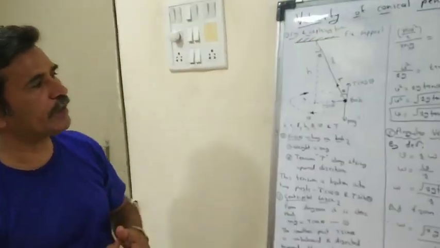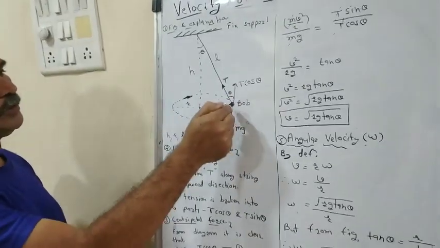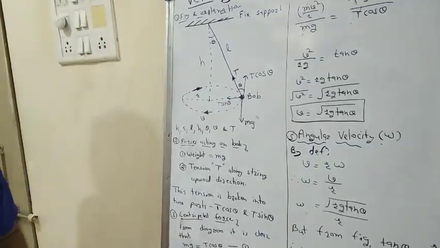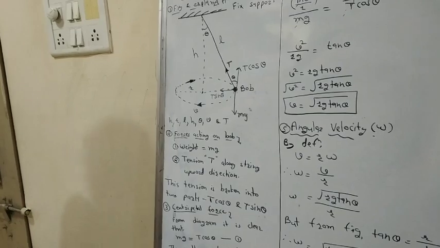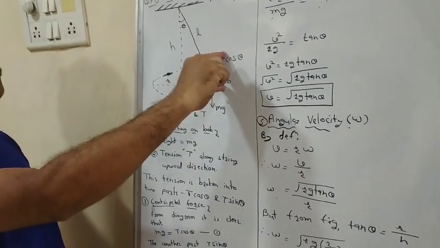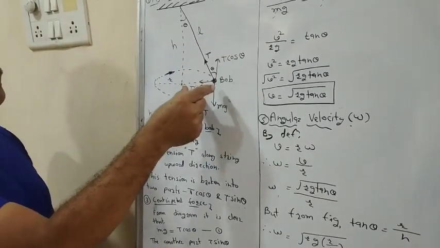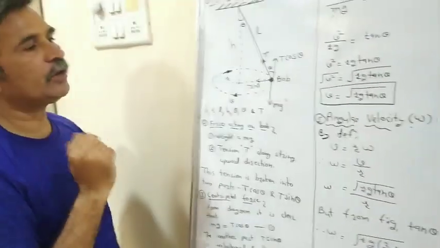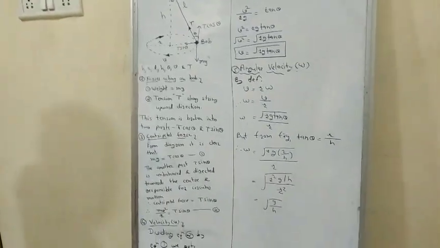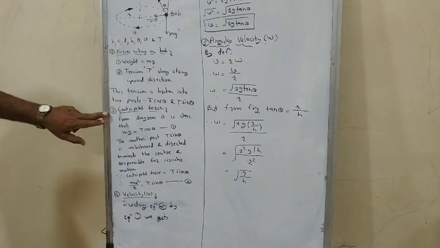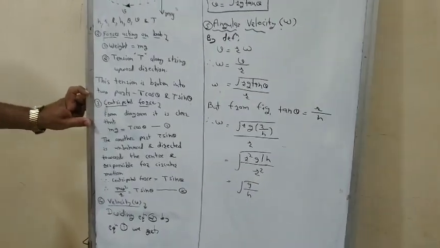Then from the diagram we can understand that this tension can be broken up into two components. Number one, T cos theta, vertical component, and second is T sin theta, horizontal component, as shown in the figure. Then third step, we should know the concept of centripetal force.